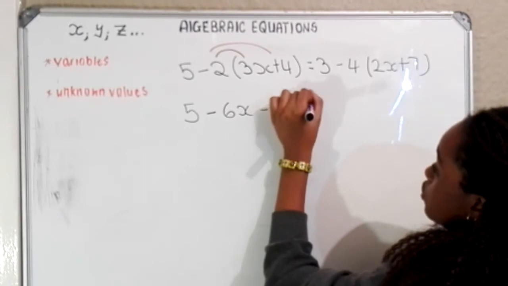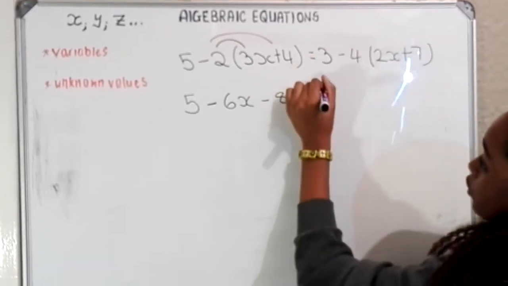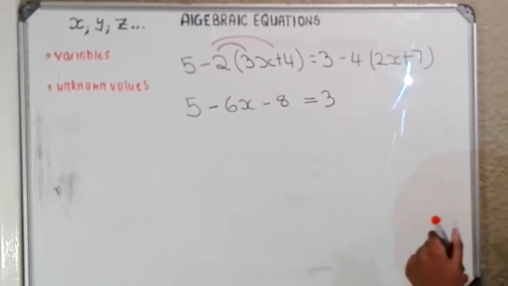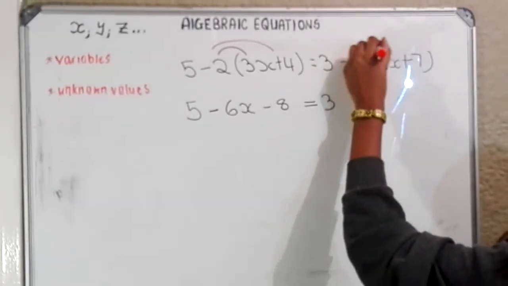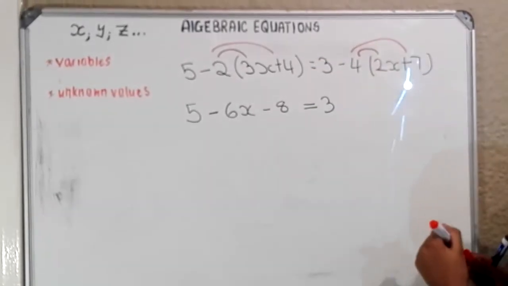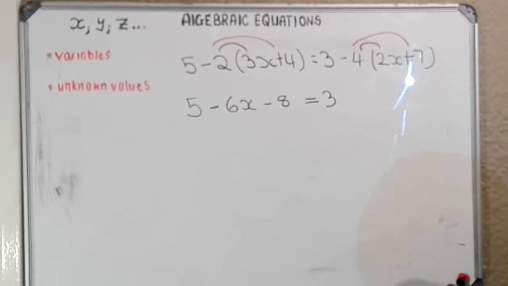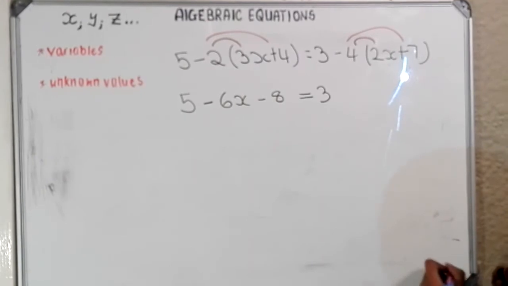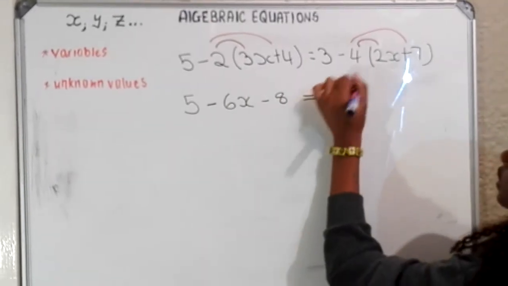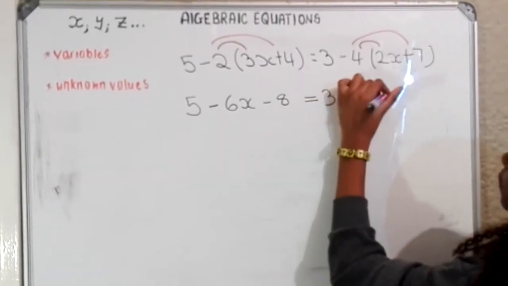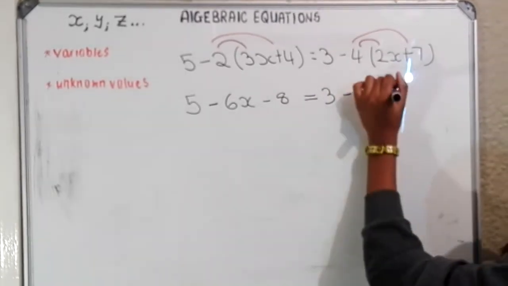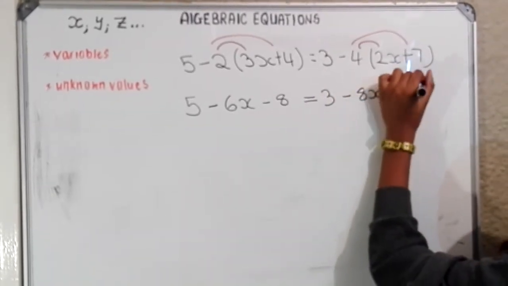Which is equal to, I'll put down my 3 over here, and I'll distribute negative 4 into our brackets, okay? So negative 4 times 2x is going to give me an answer of negative 8x. Negative 4 times 7 is going to give me an answer of negative 28.